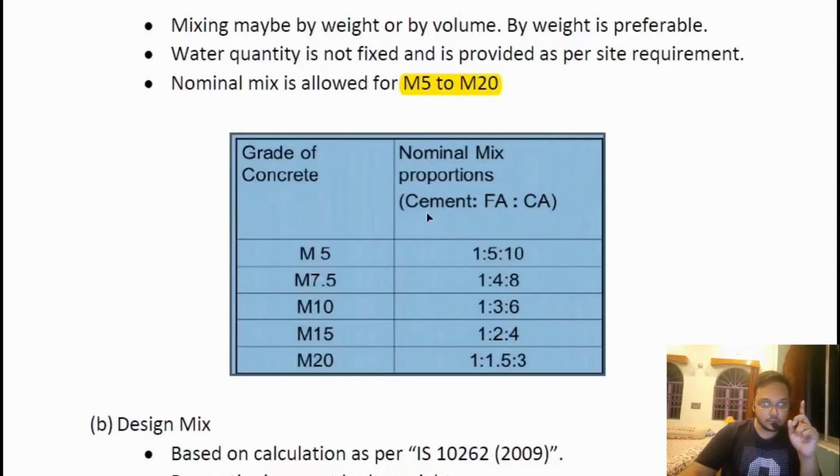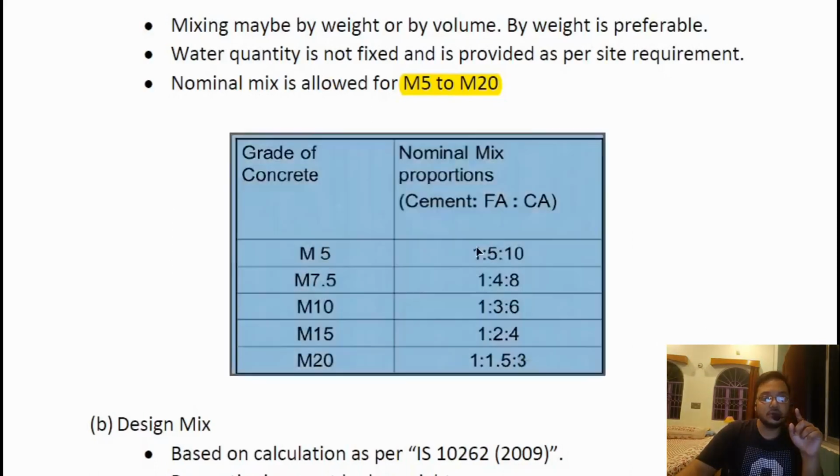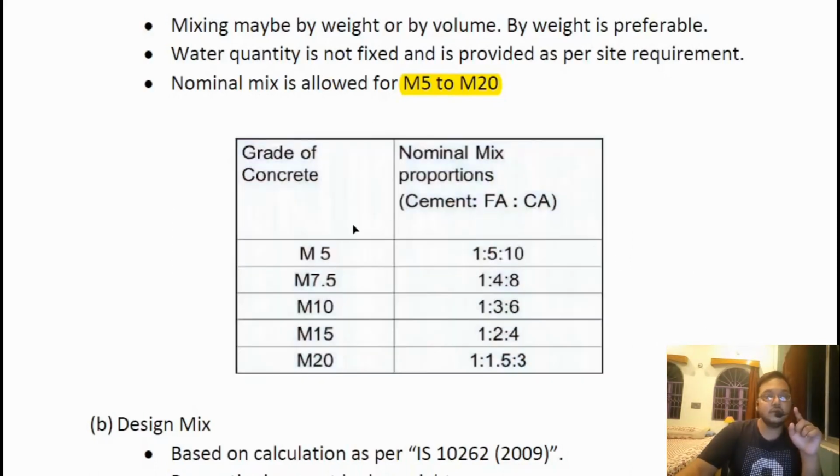So cement is to FA is to CA is given by 1:5:10 for M5, and similarly for 7.5, 10, 15 and 20 we have 4 other different ratios. So for the 5 grades of concrete we have 5 different proportions which we actually use to make them.